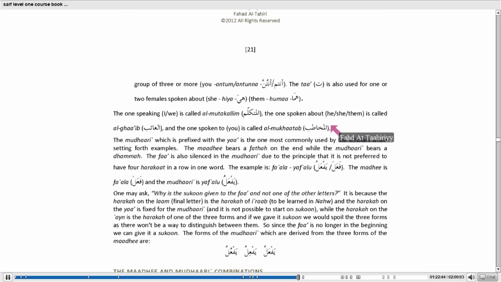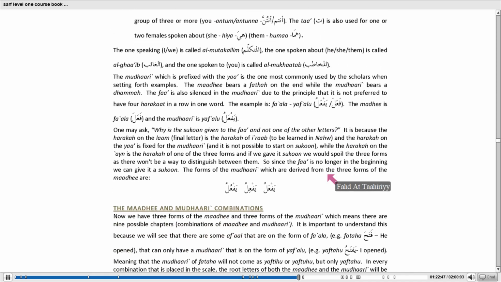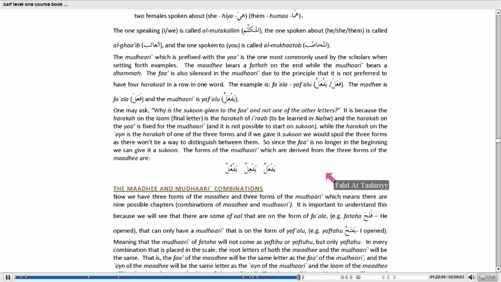Okay. Now, since the fa is no longer in the beginning, we can give it a sukoon. And the forms of the mudari' which are derived from the three forms of the madi are three also.